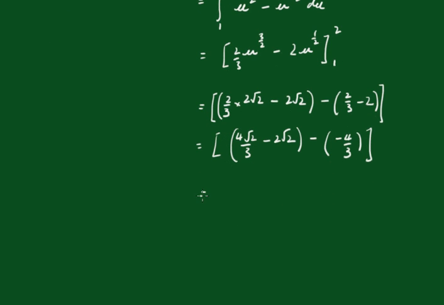And this becomes minus 2 root 2 over 3, and this is plus 4/3. And if you want to rearrange that, you have that as 2/3 outside of 2 minus root 2. Just checking that: 2 times 2/3, 4/3. Yes, that's correct.